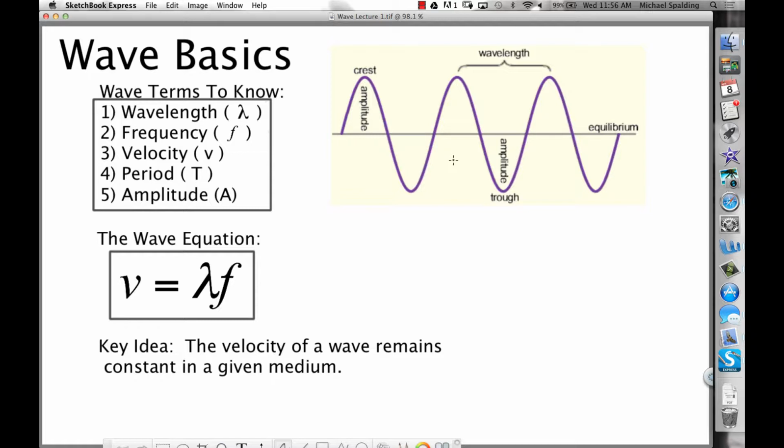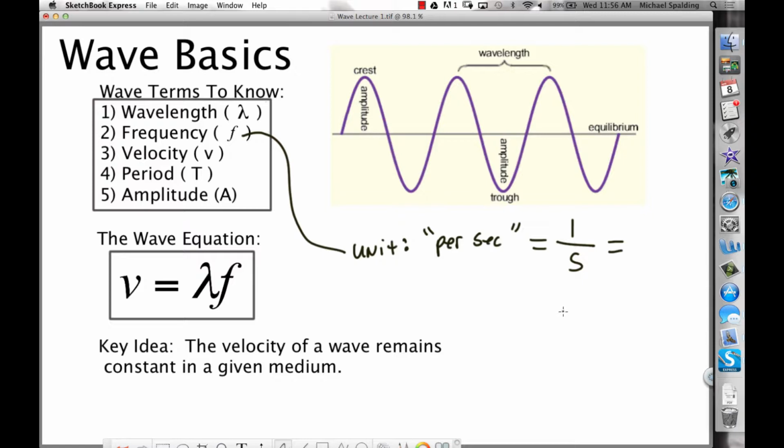So if you want to write a definition down for frequency, frequency is the number of times something happens. In physics, it's going to be per second. But outside of physics, you could be per minute, per day, per year, whatever. It's the number of times that something happens per second. Now, the unit for frequency is literally per second, which is the same thing as 1 over a second.